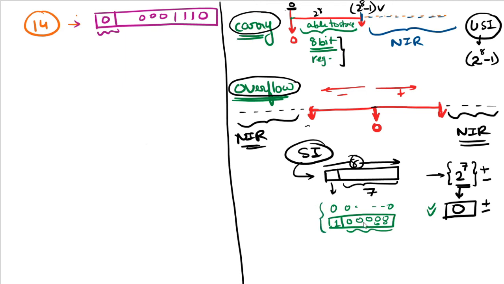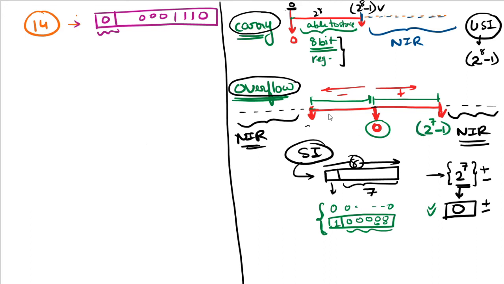So what is the use? It is kind of redundant. So in that case, what we can do is consider 0 to be positive, and we can represent one extra negative value. So if we consider 0 to be positive, the value will go till 2 to the power 7 minus 1.